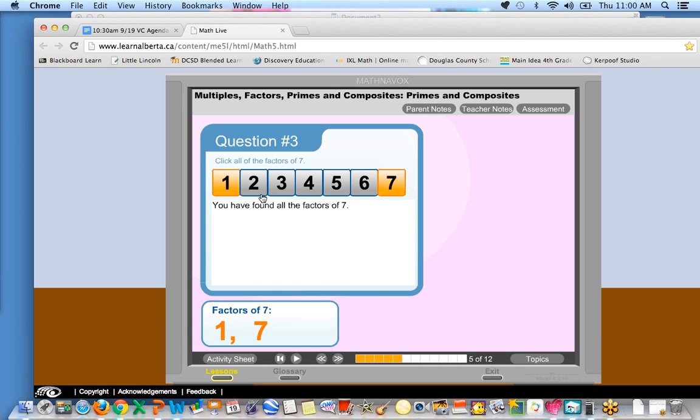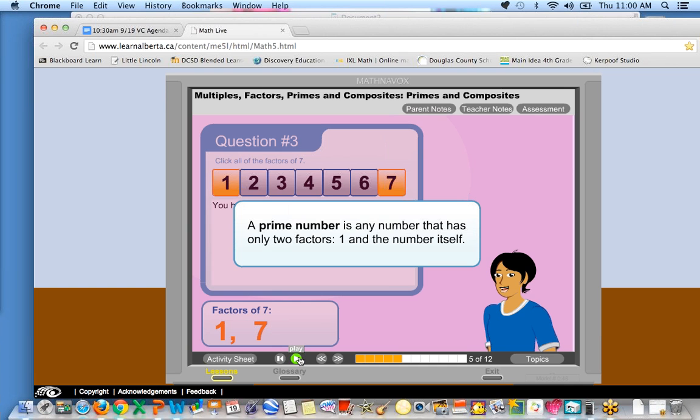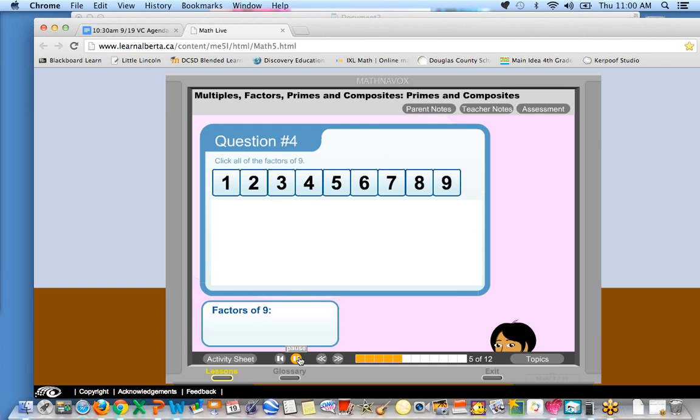Because 2 times 2 is 4, 2 times 3 is 6, 4 times 2 is 8. So nothing else except 1 times 7 will give me an answer of 7. Notice that the number 7 has only two factors, 1 and 7. A number with only two factors is a prime number. The two factors are always 1 and the number itself. Okay, so that is called a prime number.